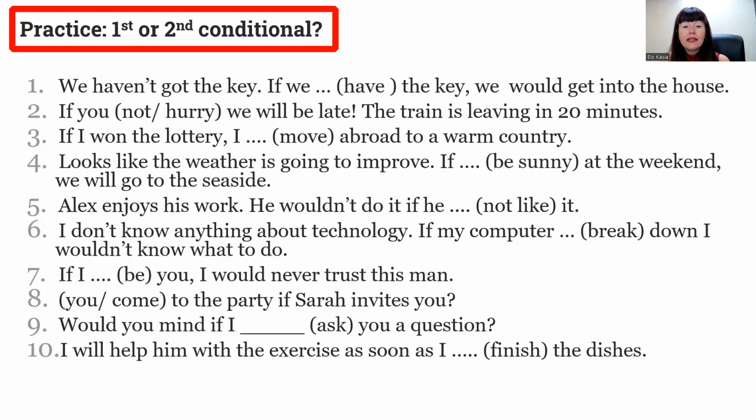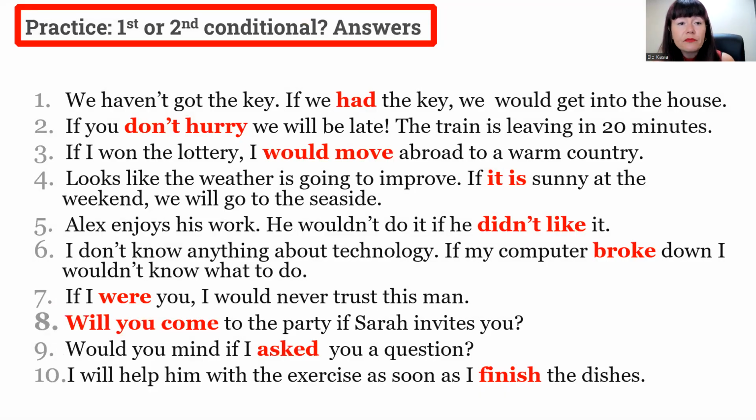"You come to the party if Sarah invites you." Number nine: "Would you mind if I ask you a question?" Remember, polite language. "I will help you with the exercise as soon as I would finish the dishes." Okay. If you are not sure and would like to spend a little bit more time on it, please pause this slide, but I'm going to give you the correct answers now.